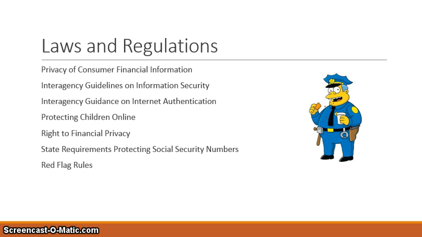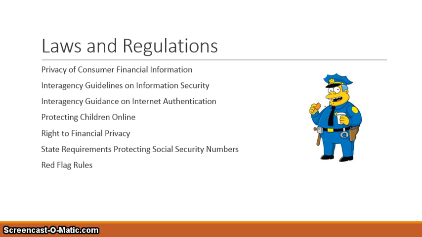And lastly, of course, are the laws and regulations, just like every other chapter. Most of these are really guidelines on what the law requires you to do as far as safeguarding information and guidance on internet authentication. But one that's interesting is the red flag rules.